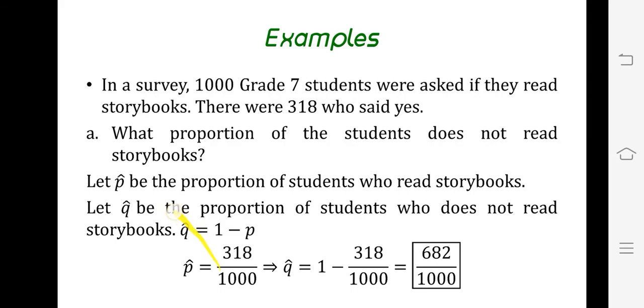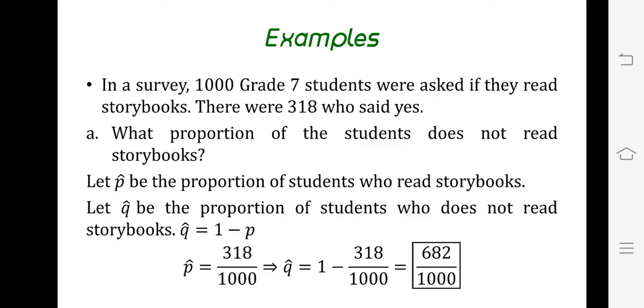Now, what is the proportion of students who read storybooks? 318 over 1,000. But if we are asked how many students read storybooks, the answer is 318. So those two questions are different, and they also have different answers.